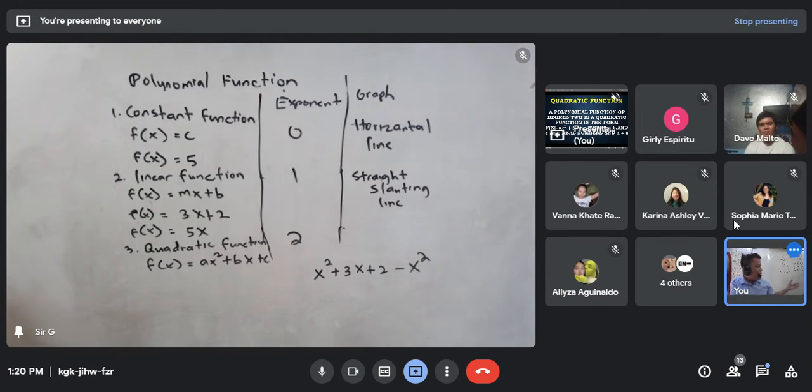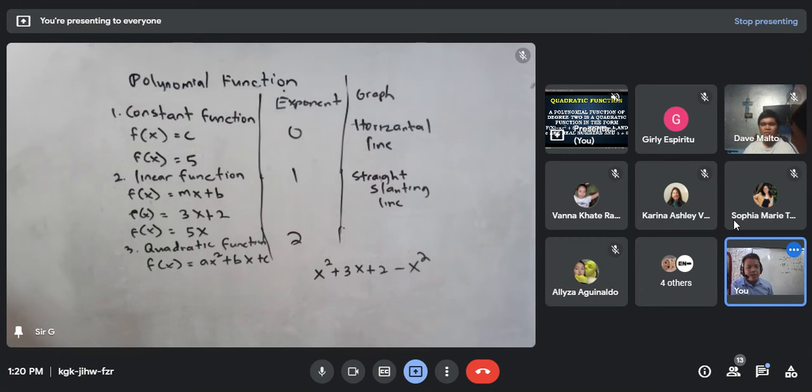Try to analyze. Is it quadratic, linear, or constant? Sino makakapagsabi sa akin na linear to? Meron ba? Okay, so meron ba makakapagsabi sa akin linear ito? Ano ba lagi inaalala natin kapag may given na equation function?